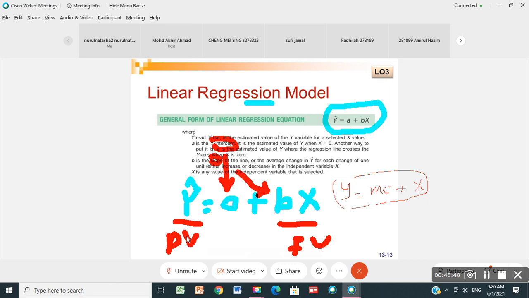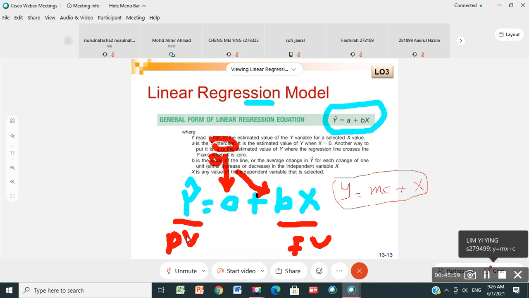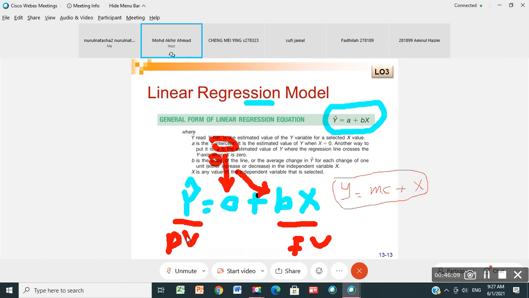Saya boleh tanya Nek Ikram. Oh, y equal to mx plus c, ya. Sorry ya. Thank you, Lim.